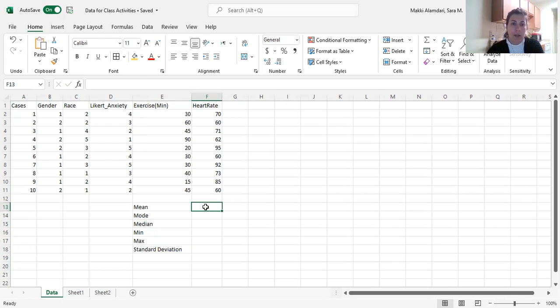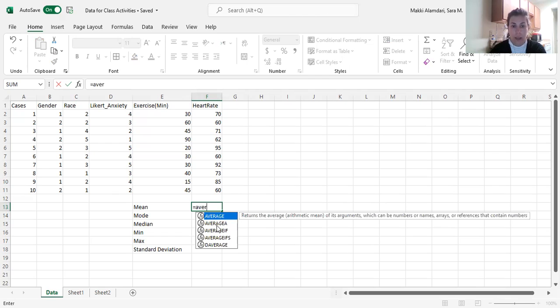And I'm choosing the variable heart rate for this video. You can use that for any other quantitative or interval variables. To calculate mean, I'm using an equal sign, and then the formula of average.